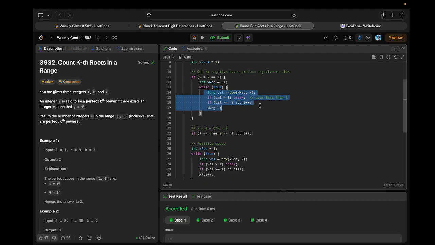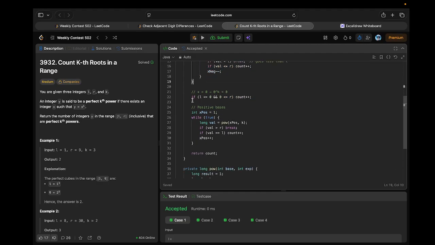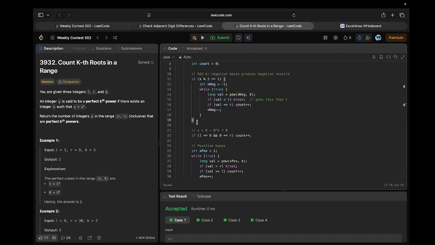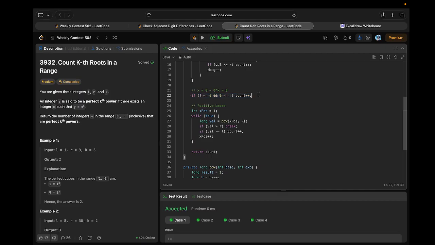Based on that I'm decrementing the value for negative. And there is a 0 as well, and if there is a 0, then it will always contribute to the answer.